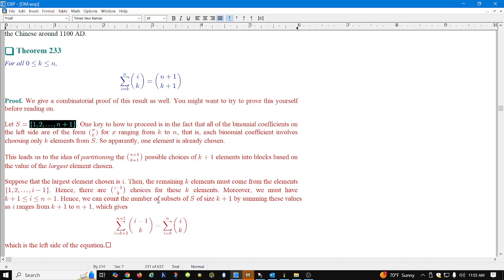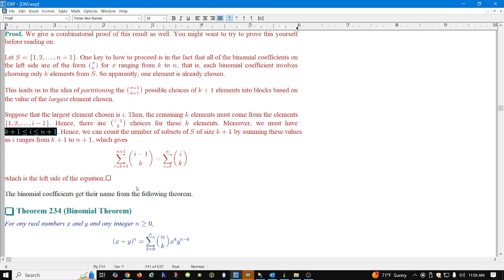So we can count the number of subsets of size k plus 1 by summing these binomial coefficients over this range. And here is that sum: binomial coefficient i minus 1 choose k, i goes from k plus 1 to n plus 1. Now, you remember something we did a long time ago. I think I called it index shifting or something.